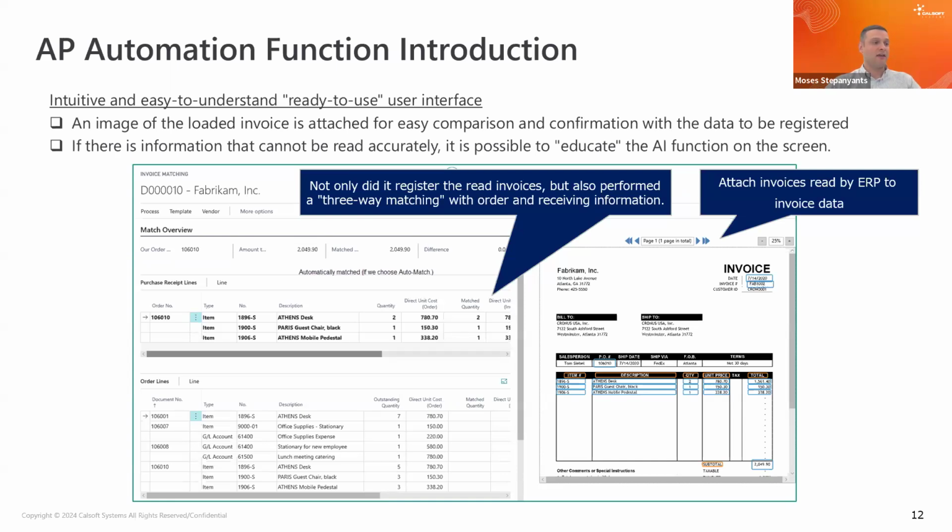That invoice that you scanned can then match the information that already exists in your ERP system, which is something that I'll walk through in today's demo. I will show you what three-way matching means to give you a better visualization of that. Let's move on to the next slide.